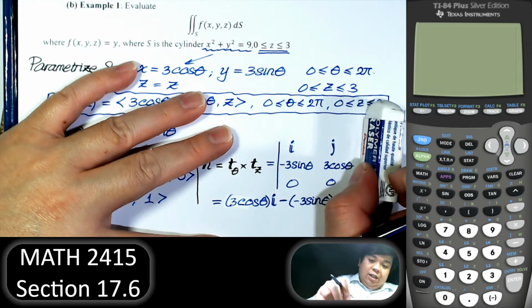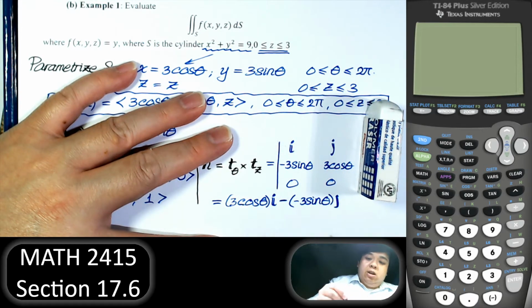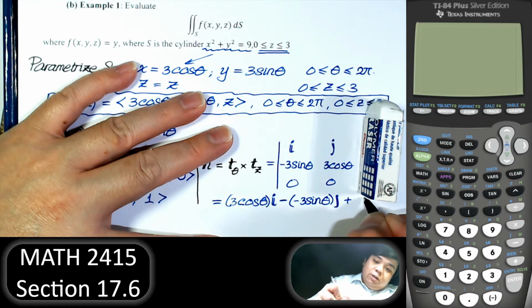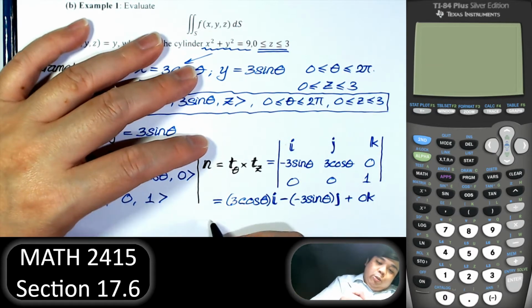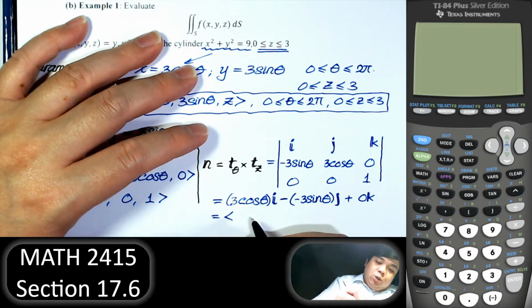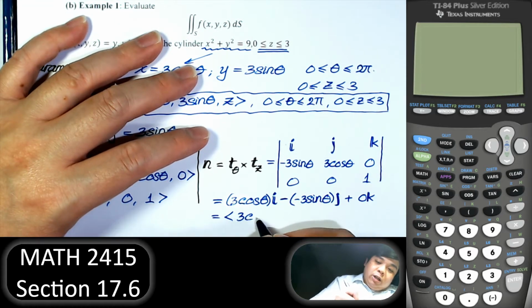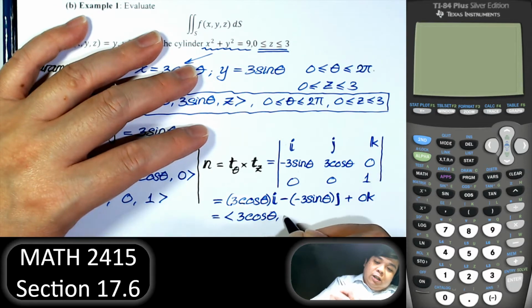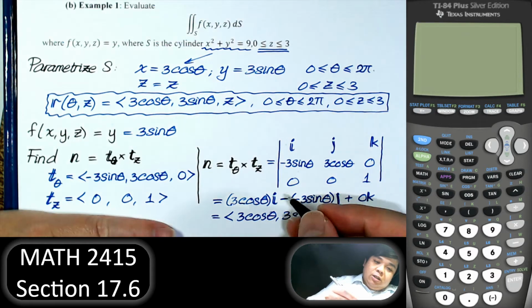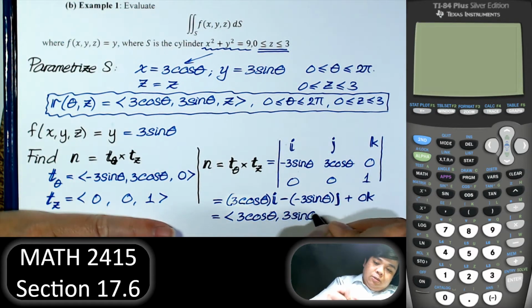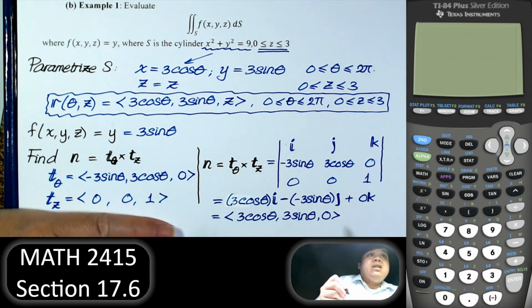And then for k, that will be 0. So if we write this as a vector that has three components, 3 cosine theta, 3 sine theta, and then 0. It makes sense because it's just like x and y.